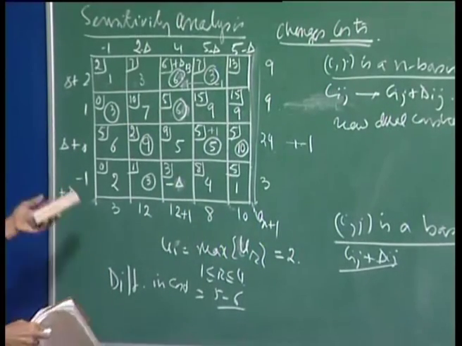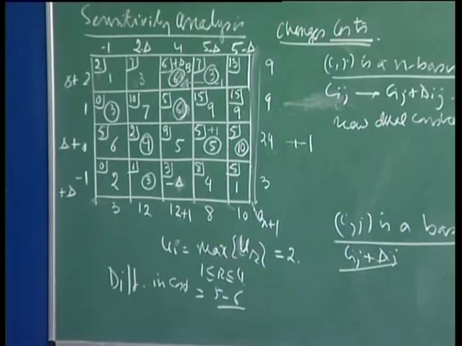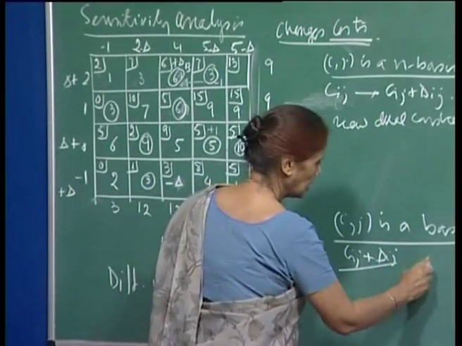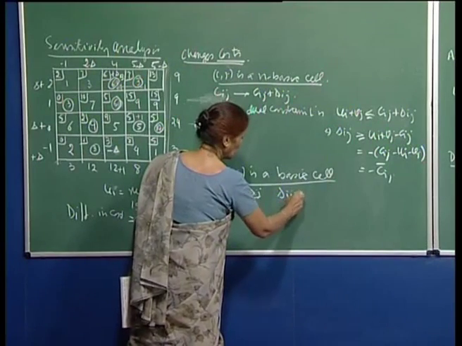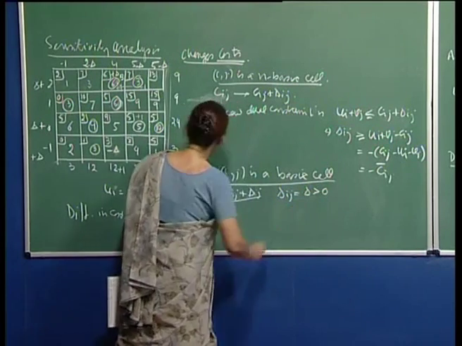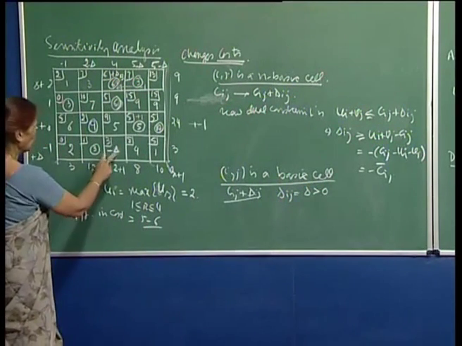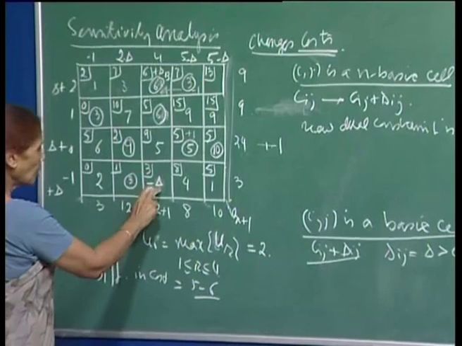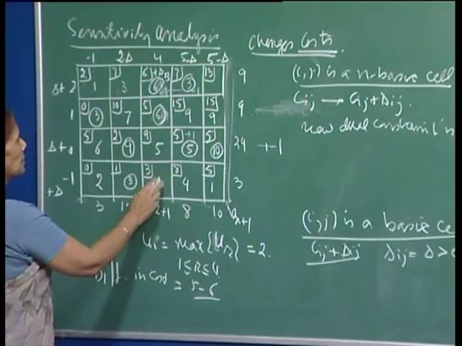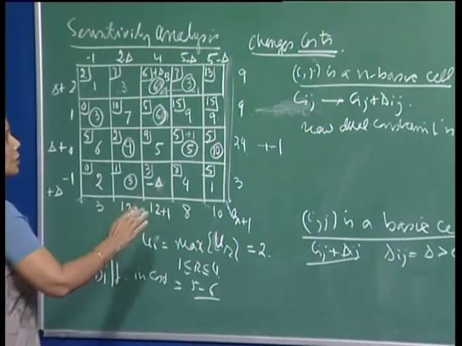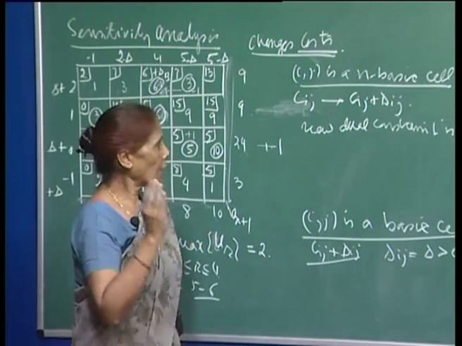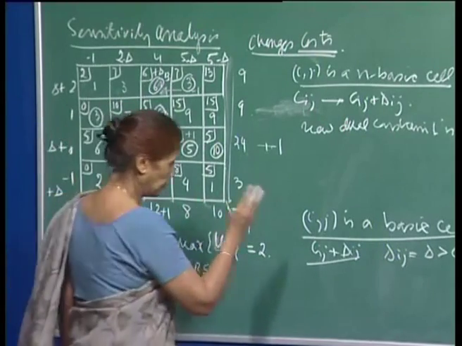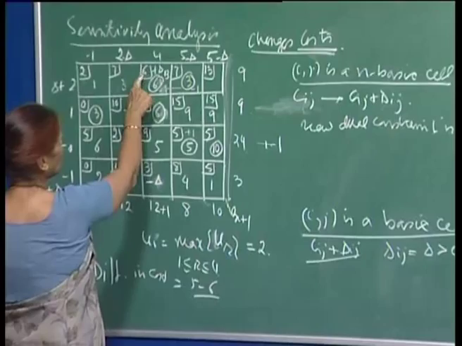If I am taking delta to be a positive number, that means delta ij, which I am taking to be delta, is positive, then this will not be feasible, the current solution will not be optimal.